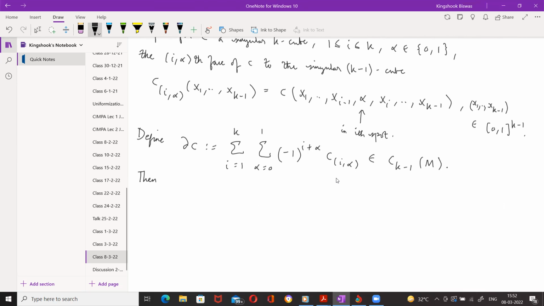It extends uniquely to a linear map from C_k(M) to C_{k-1}(M). So delta extends uniquely to a linear map delta from C_k(M) to C_{k-1}(M). Fine.